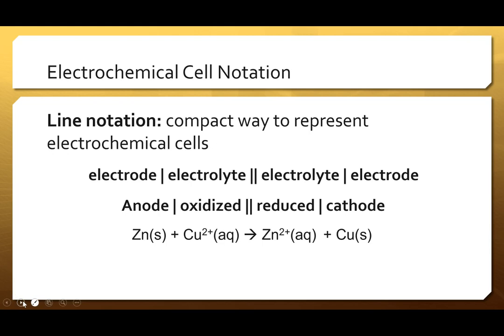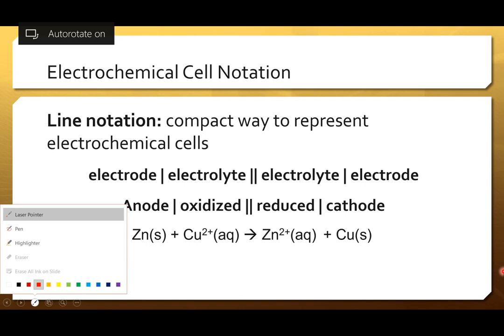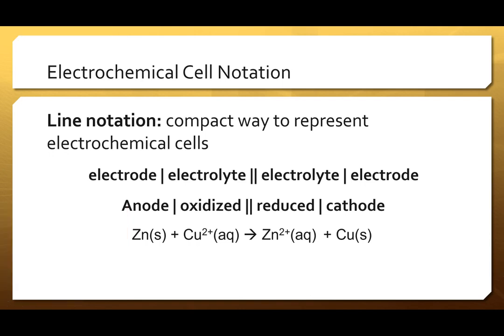So let's look at an example. Here's an example of a cell that we have seen before. Let's break this down and see if we can draw the electrochemical cell line notation. All right, so first we need to decide what's the anode, what's being oxidized, what's the cathode. Zinc has an oxidation number of 0, this copper would have an oxidation number of +2.